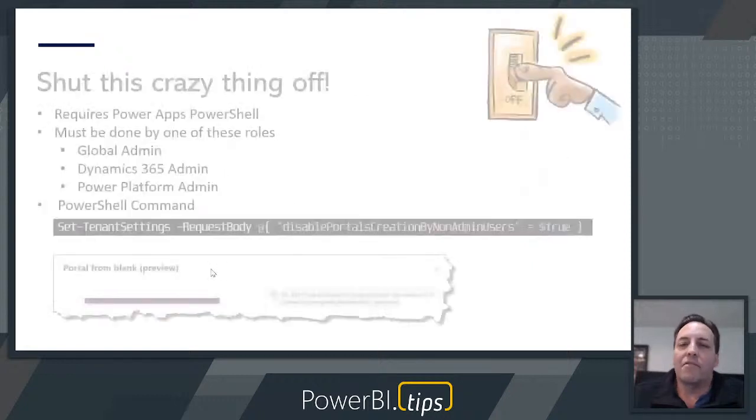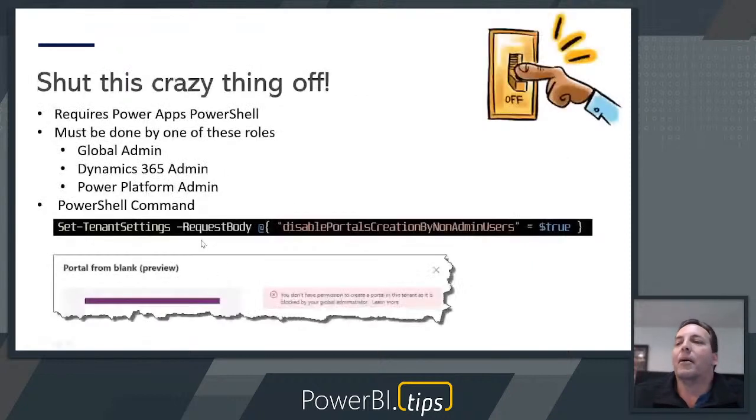Okay. Now that I mentioned that this can be disabled, this is how you would do that. You need the Power Apps PowerShell, which is in the slide deck. I've got the link for that, and it's the PowerShell cmdlets for Power Apps, and it needs to be done by a highly privileged account: global admin, Dynamics admin, Power Platform admin, and then there's your command right there.